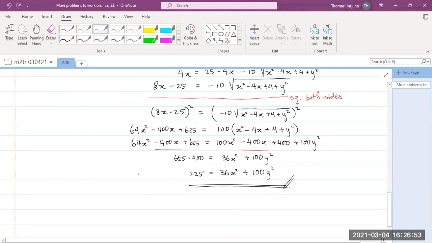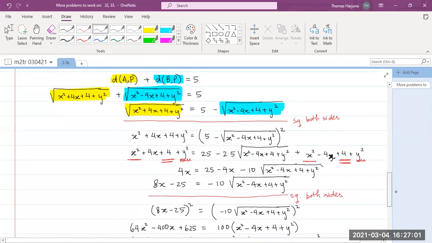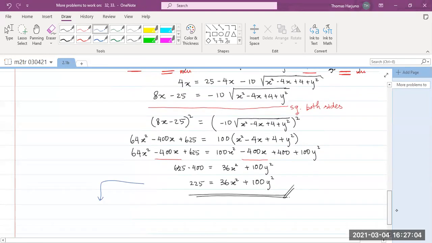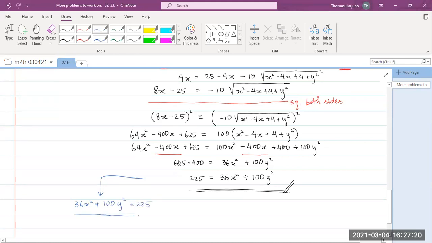Now, let me go on a little bit discussing this. We will not see this anymore. It's more about the setup. So what you need to know is how to set this up and then simplify. But I want to give you some context behind this equation. If I divide both sides by 225, so 36x squared plus 100y squared equals to 225, and I make the constant become 1.